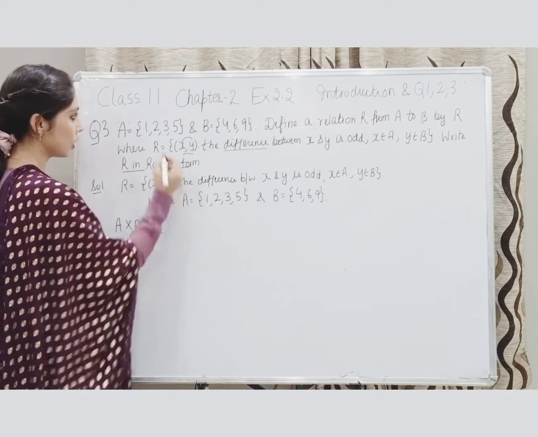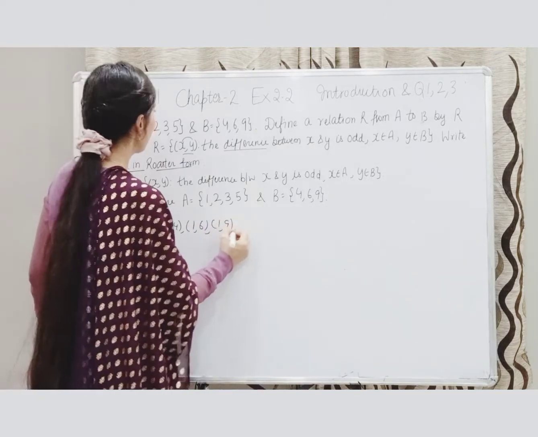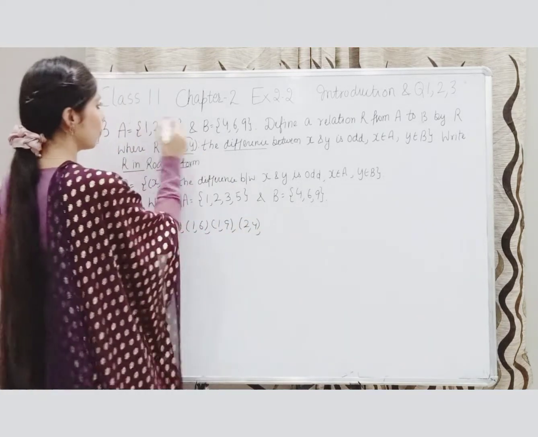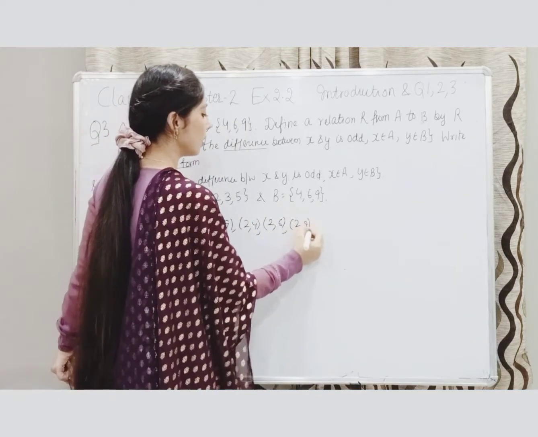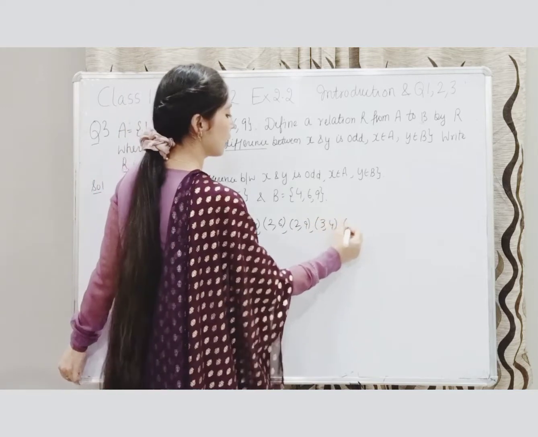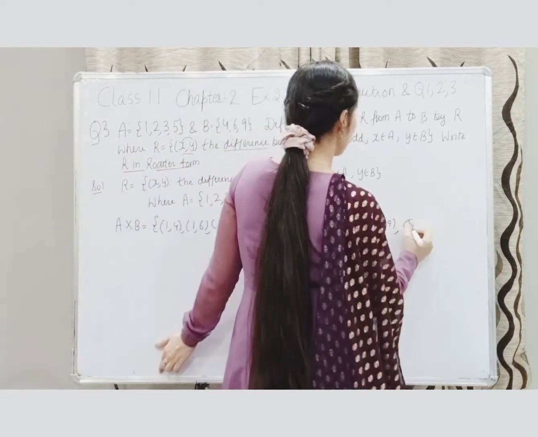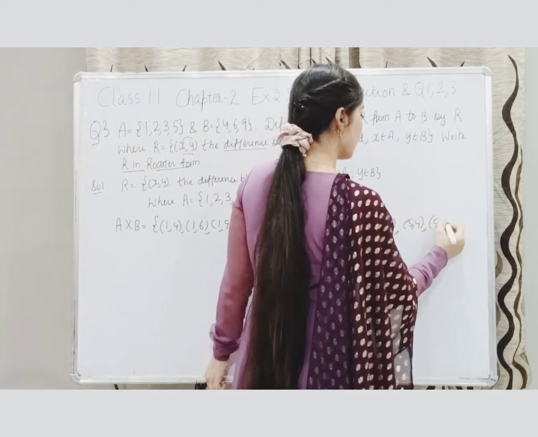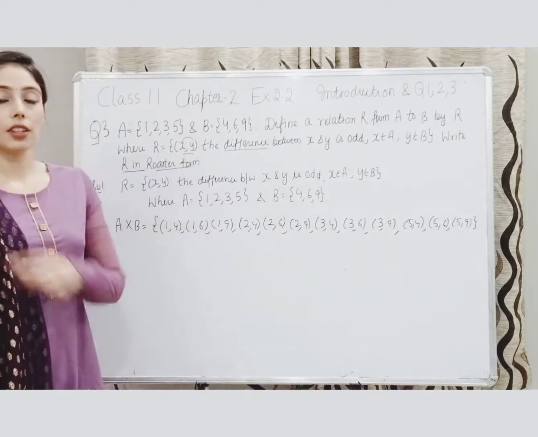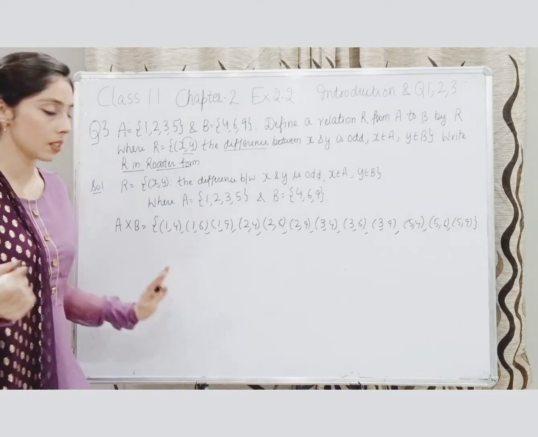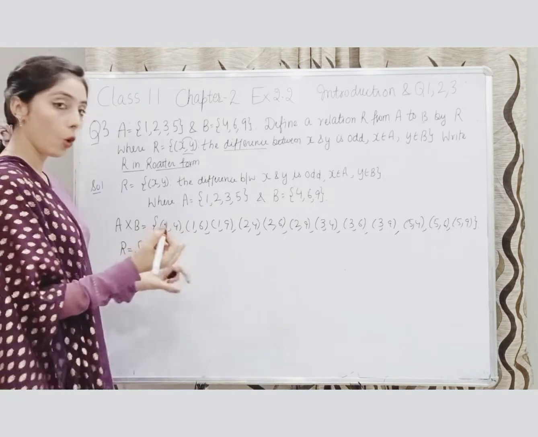So this will be (1,4), (1,6), (1,9), (2,4), (2,6), (2,9), (3,4), (3,6), (3,9), (5,4), (5,6), (5,9). This is the Cartesian product A cross B, and we know that R is a subset of this. So in the relation we have those elements whose difference is odd.